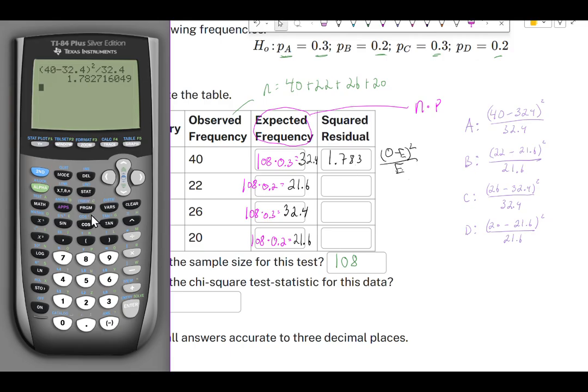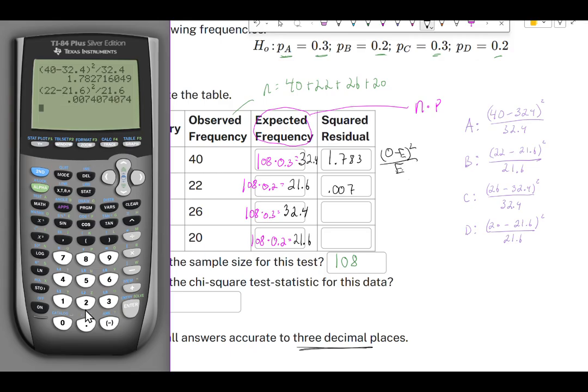For the next one, we will do parentheses 22 minus 21.6, close parentheses, squared, divided by 21.6. There's only a difference of 0.4, so this would be a very small value. Also, it says to round to 3 decimal places, which is why I'm doing that.